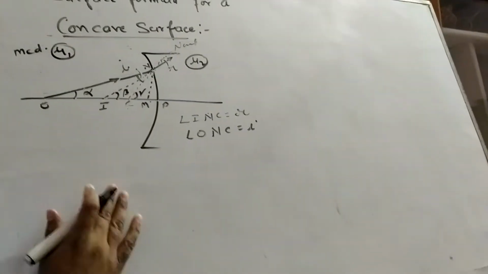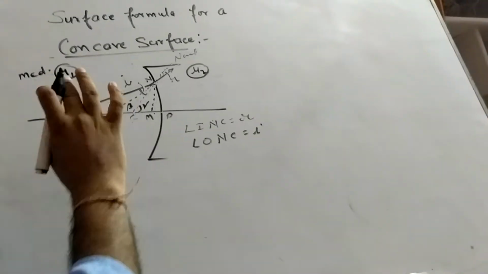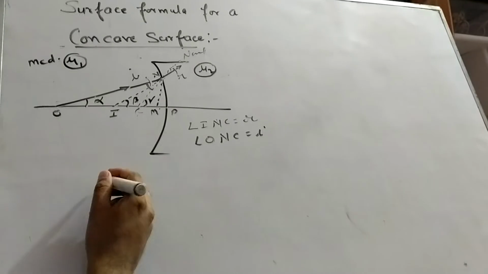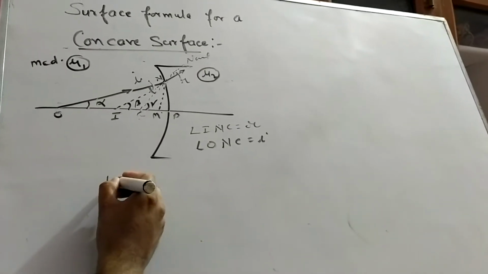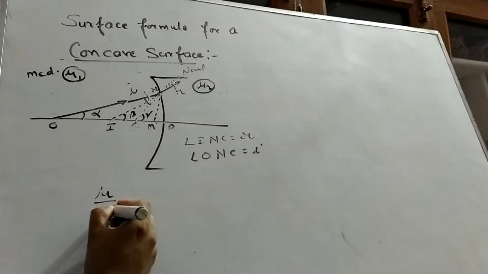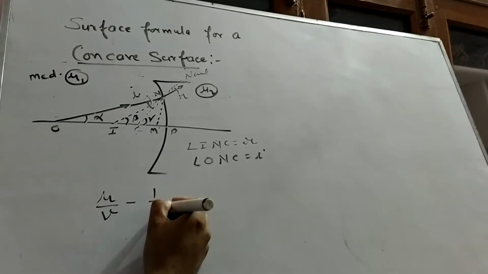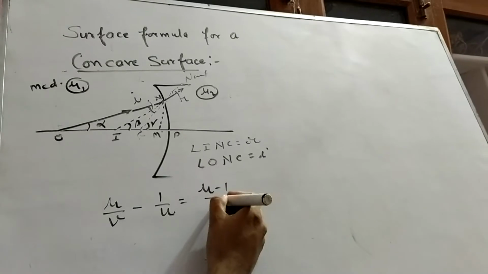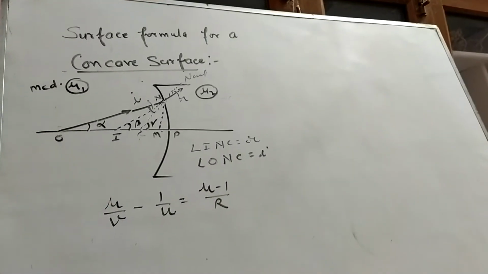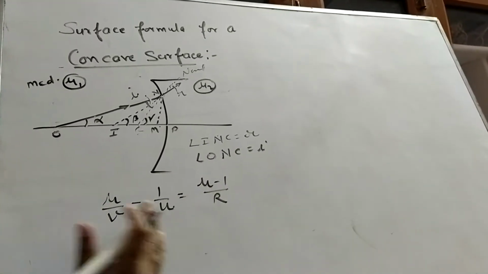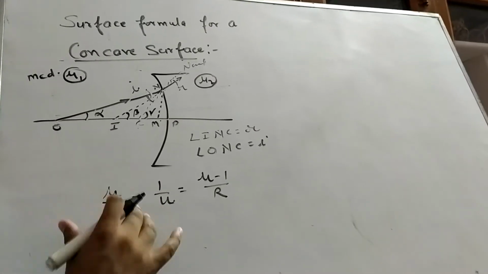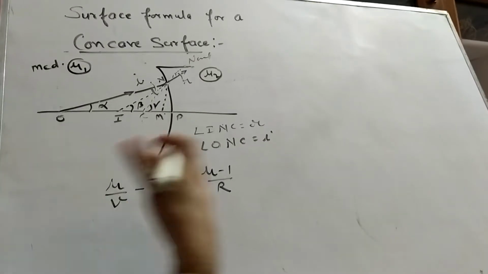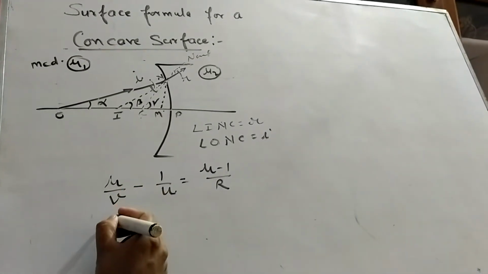Now the surface formula, when we simplify this, we find in our notes: mu upon V minus 1 upon U is equal to mu minus 1 upon R. This formula differs from NCERT, but it will reach the NCERT formula in this way.